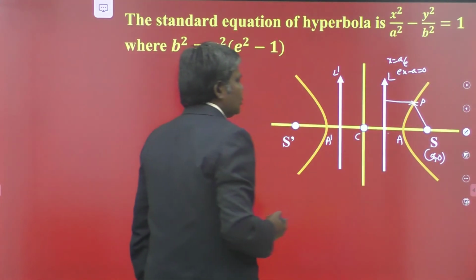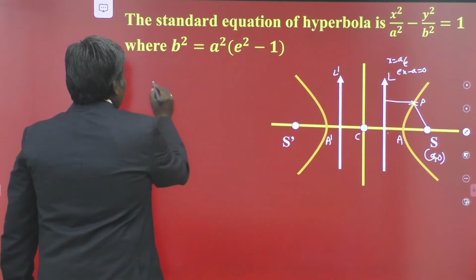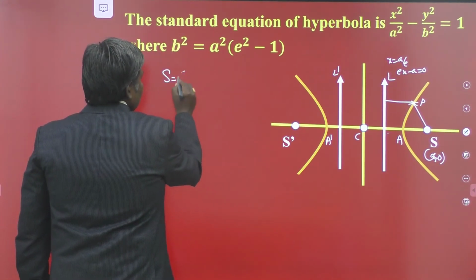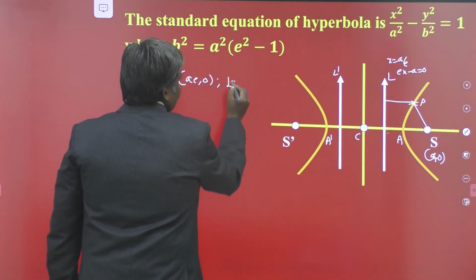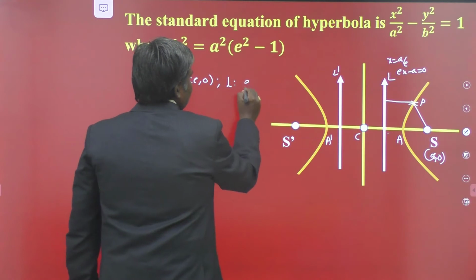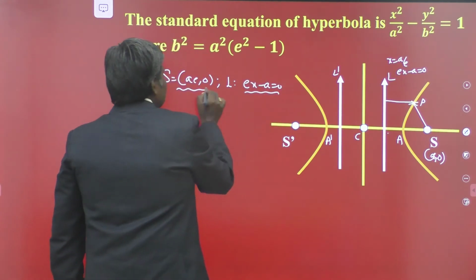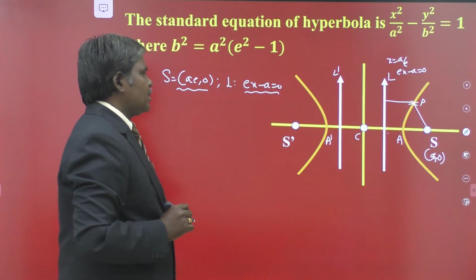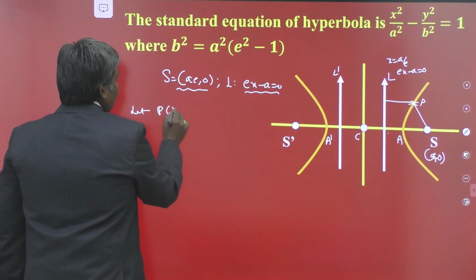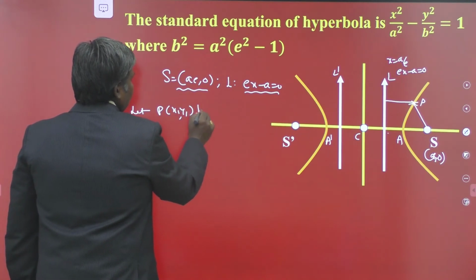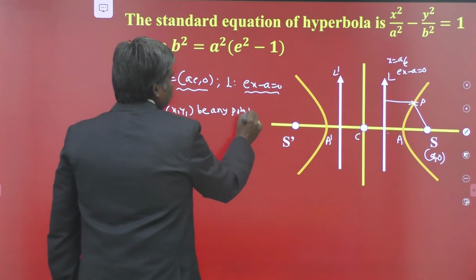Therefore by definition SP by PM is equals to E. So we have the focus S is equals to AE comma 0. Directrix L is Ex minus A equal to 0. It is the equation of directrix. These are the coordinates of the focus S. Let P(x1, y1) be any point on hyperbola.